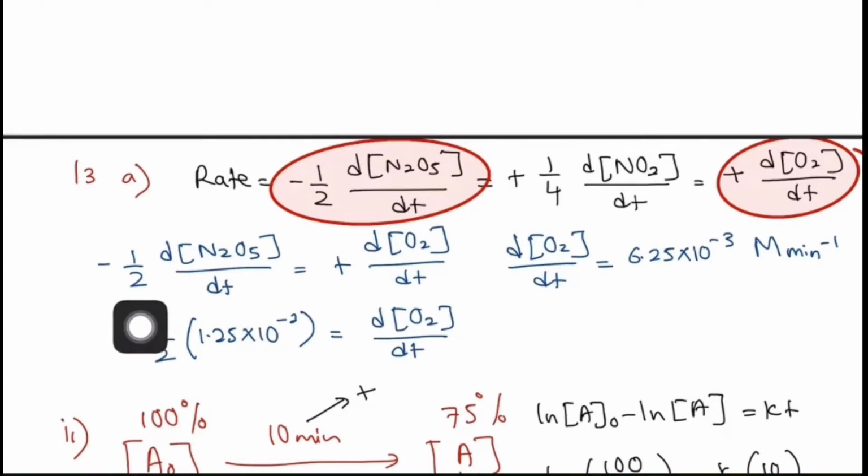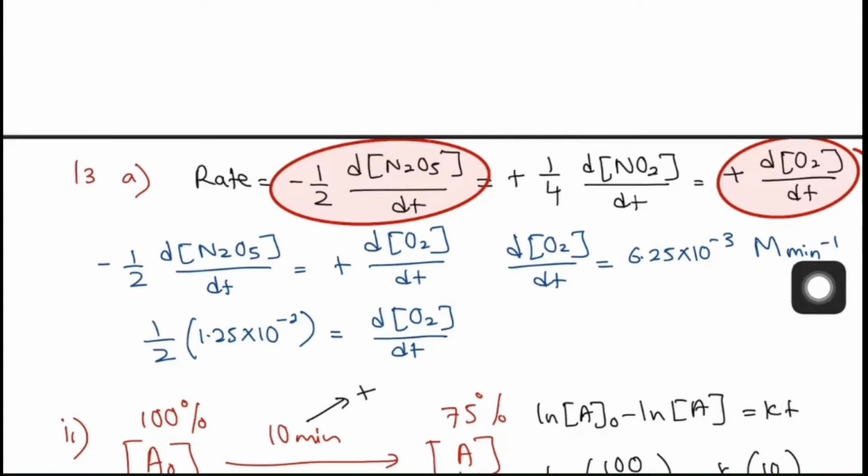So as you can see over here, I've written it. Now I'm going to substitute in the corresponding value. When I substitute in the corresponding value, I have removed the sign. So the final answer for the rate of formation of oxygen would be 6.25 times 10 to the power of negative 3 molar per minute.